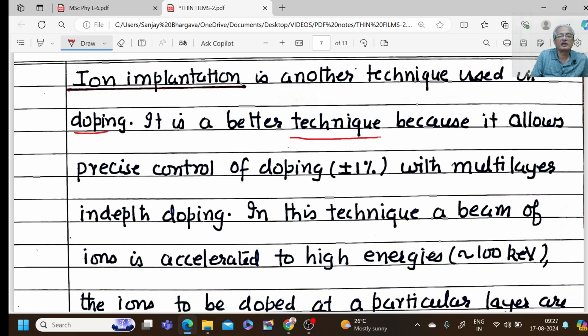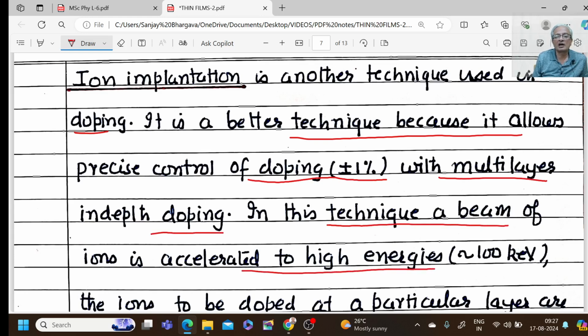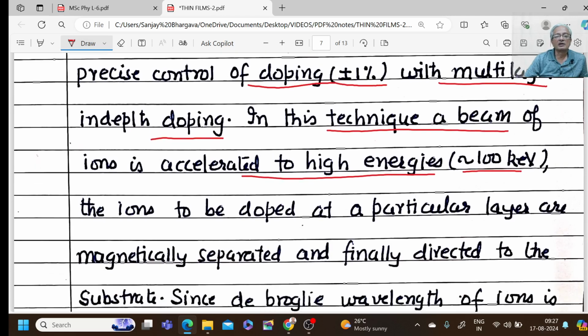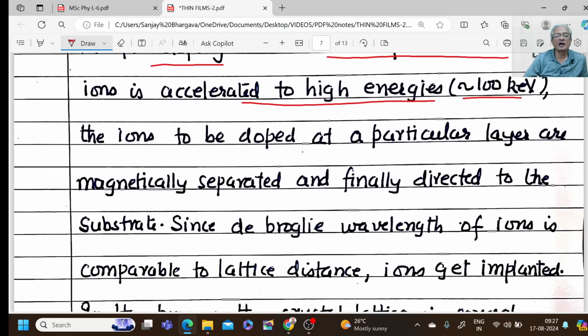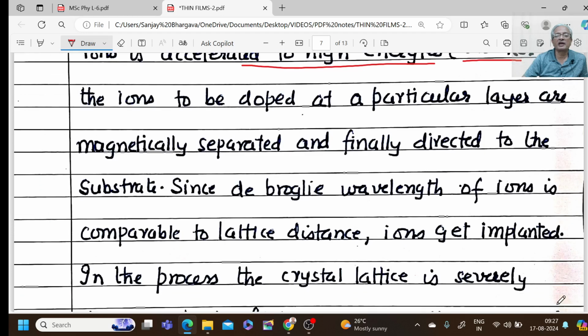It is a better technique because it allows precise control of doping, plus minus 1%, with multi-layer in-depth doping. In this technique, a beam of ions is accelerated to higher energies, around 100 kilo electron volt. The ions to be doped at a particular layer are magnetically separated and finally directed to the substrate.